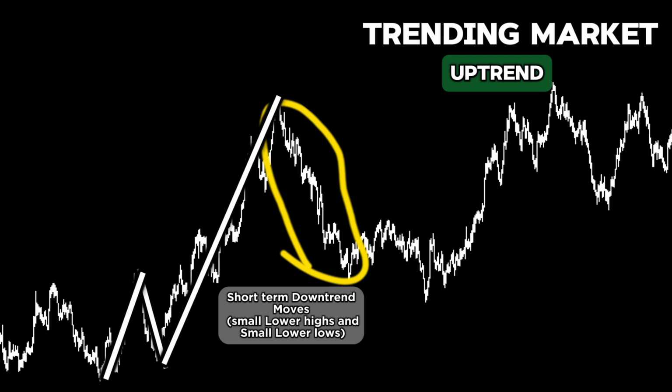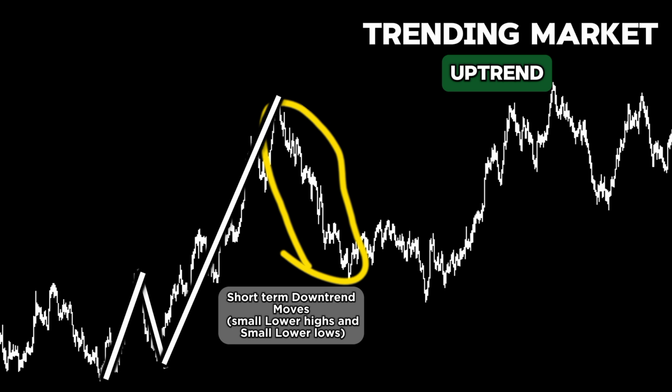These short-term lower highs and lower lows signal the weakness of the sellers as they make their short-term market movements before the buyers take over again and start pushing the market up in great volatility.